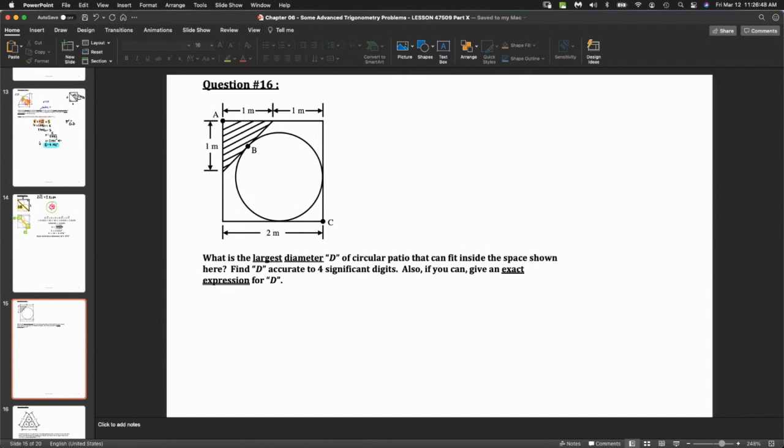So in this case, you're trying to fit a circular patio into a square region, but there is a constraint. We have this triangular corner here, which is interfering with how much space we have. This doesn't have to be a patio. This could be another cross section. I know this is not an HVAC class, but let's say this was HVAC, right?